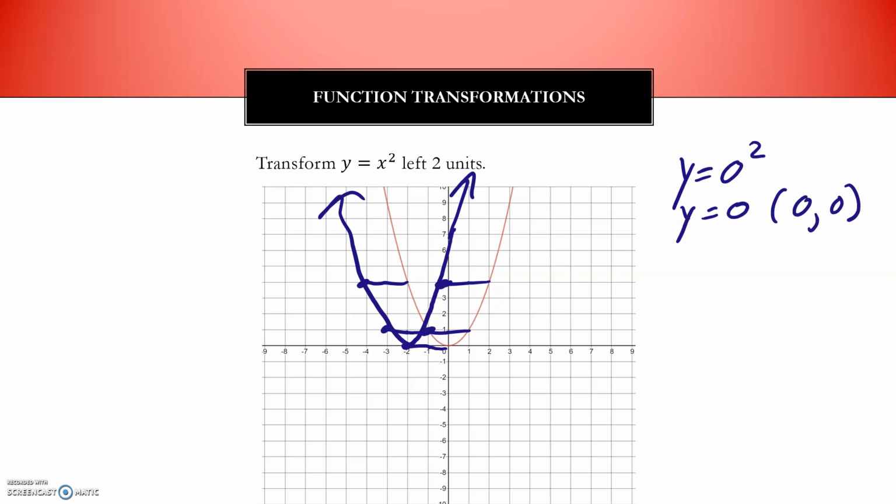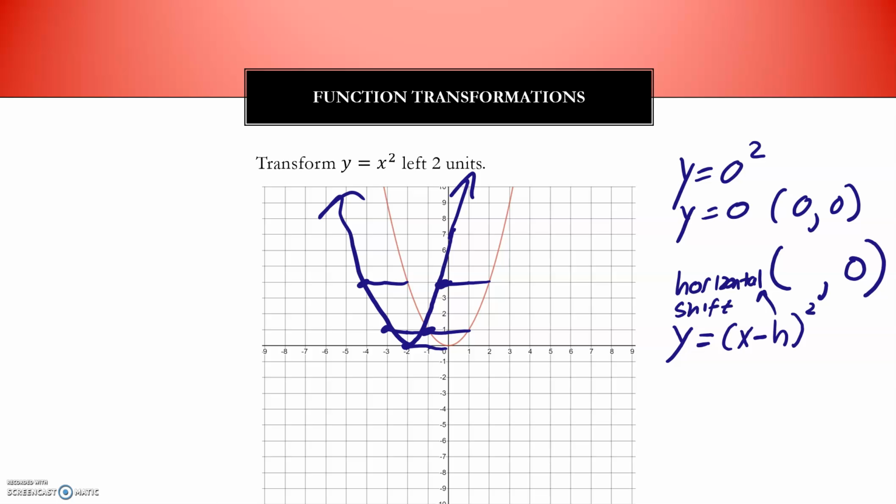I want to have this, because I didn't move it up or down, I want to have the same y coordinate 0, but I need a new x. And I need it to have moved over to the left by 2. Okay, so y equals x minus h, that's for horizontal shift, y equals (x minus h) squared.